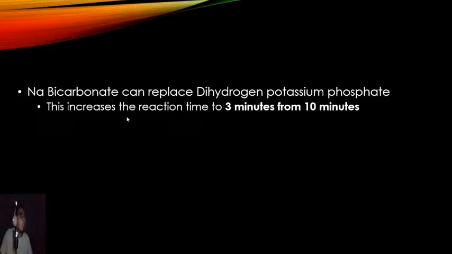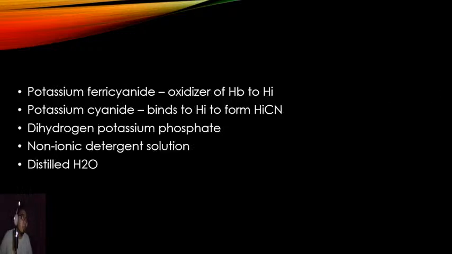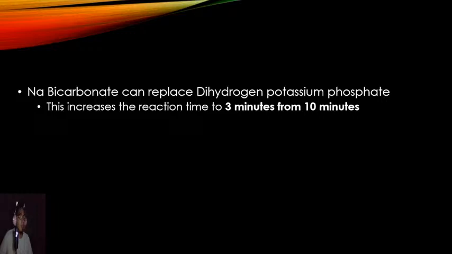It can increase the reaction time to 3 minutes from the original 10 minutes. So don't forget the Drabkin's reagent. Drabkin's reagent is the name of the reagent, and we can use an accelerating reagent, which is sodium bicarbonate instead of dihydrogen phosphate.